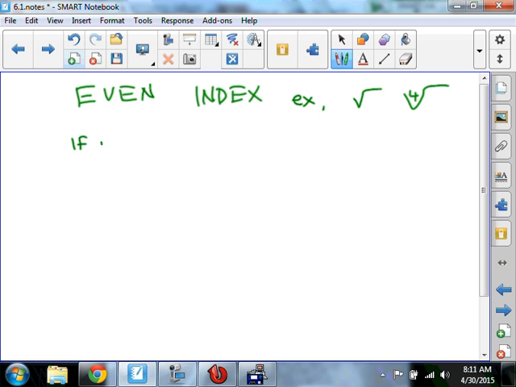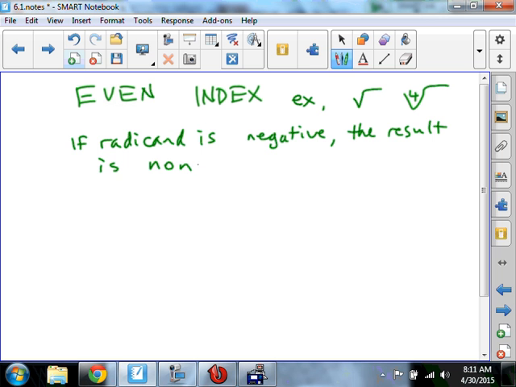If the radicand is negative, the result is non-real.